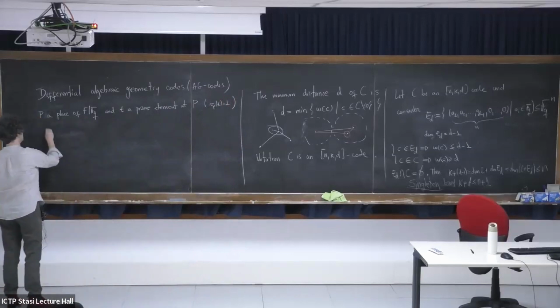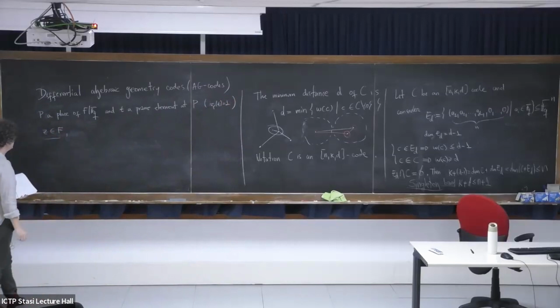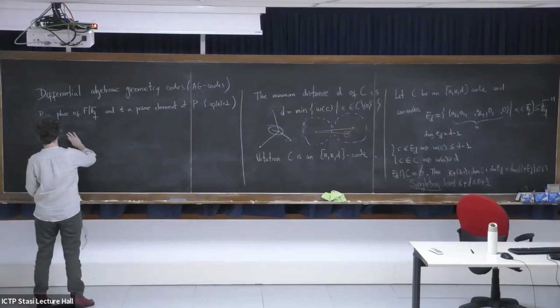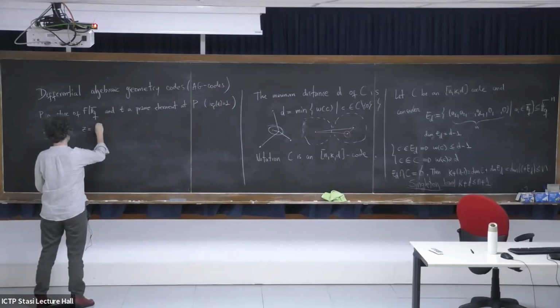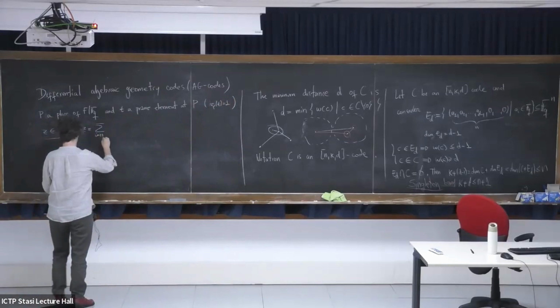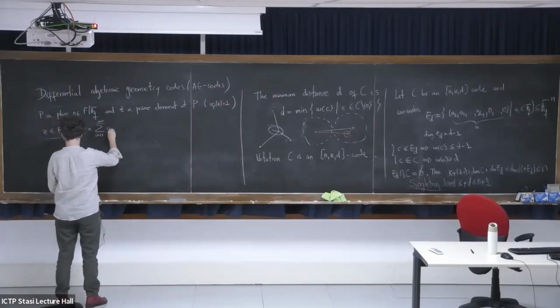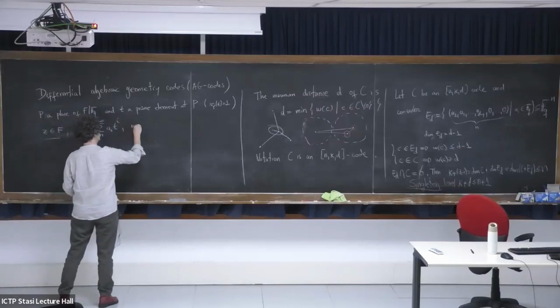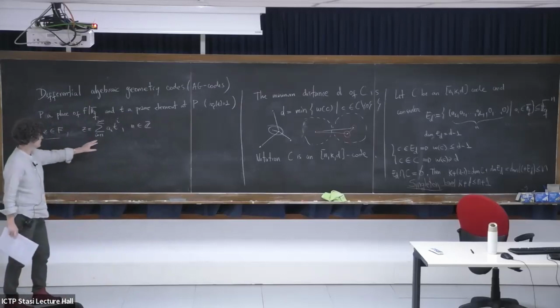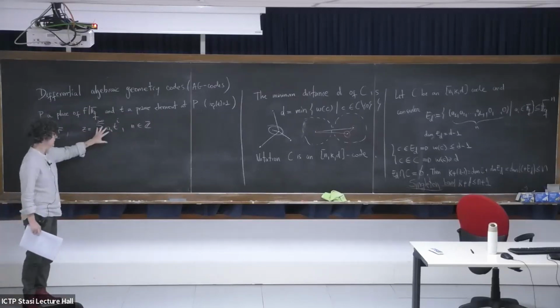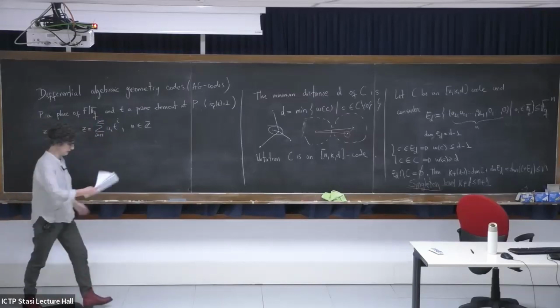Now, if you look at any function z in your function field, we have already used this, we can expand it. We can write it as the sum for i equal to n to infinity of a_i t^i, for n in Z. Because if n is negative, you have poles at P. Locally, your function can be written as a power series.